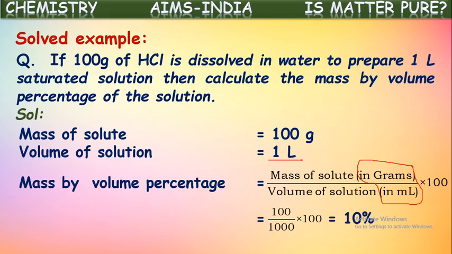This is generally used for finding the concentration of solutions in which both solute and solvent are liquids. And the third one we have seen is mass by volume percentage. This can be used where the mass of the solute is given and the volume of the solution is expressed. These are different terms of concentration.